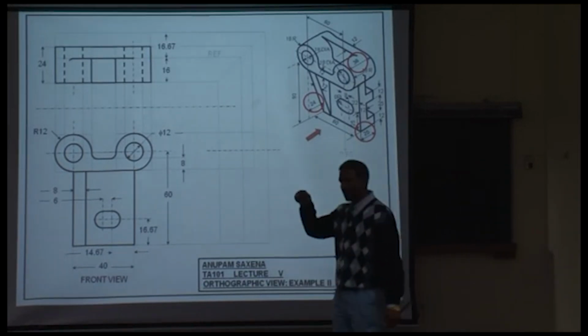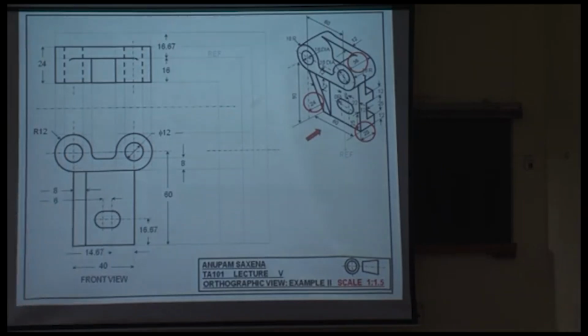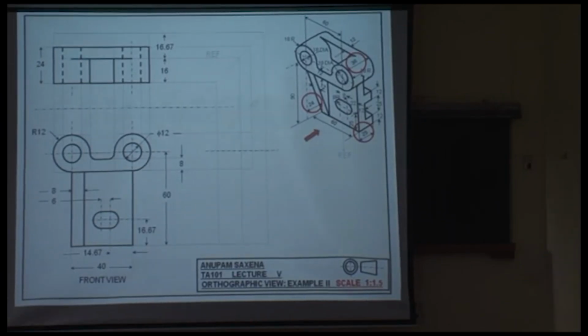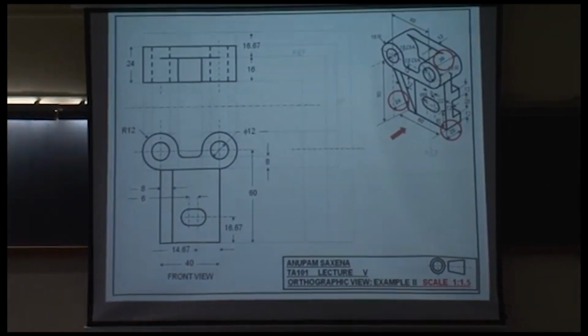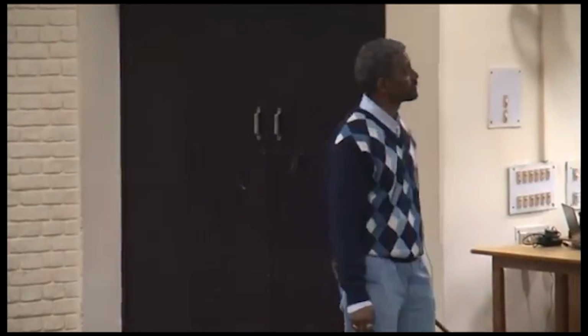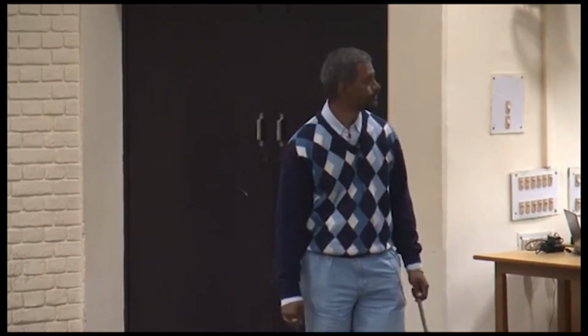We show a little arc on both sides. Okay? Once again, this rib is tangent to both circular features. So correspondingly, the line is going to extend up till the axes of the two cylindrical features. And to emphasize that this rib is tangent, we use two circular arcs at the two ends. Okay, something new.